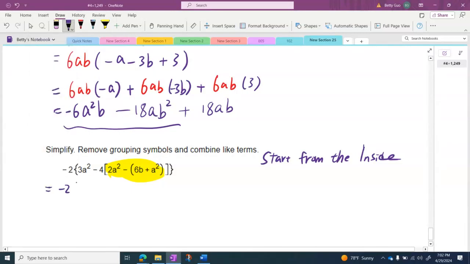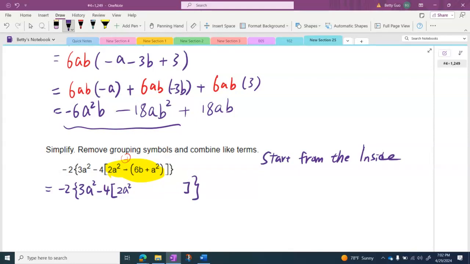Copy 92, copy left-handed braces, copy 3a squared minus 4, and in the bracket is yellow. Let's simplify the yellow part. We copy 2a squared, and the parentheses has a coefficient -1.